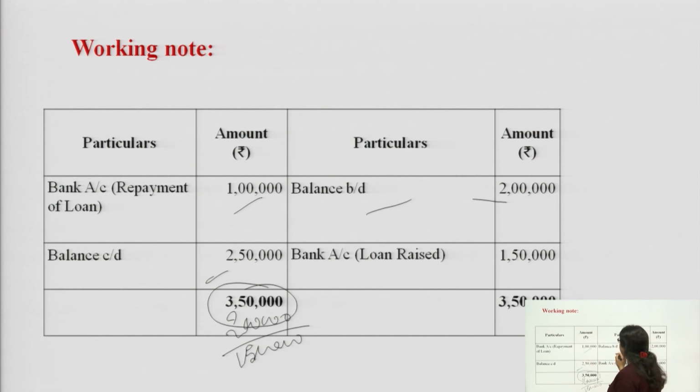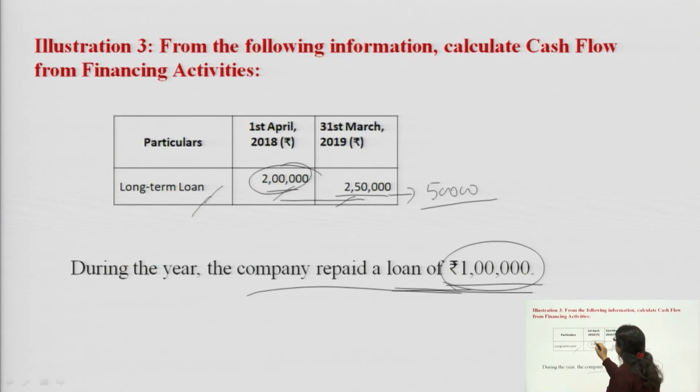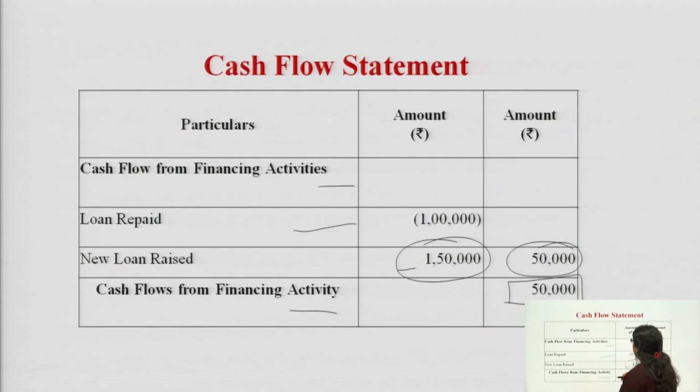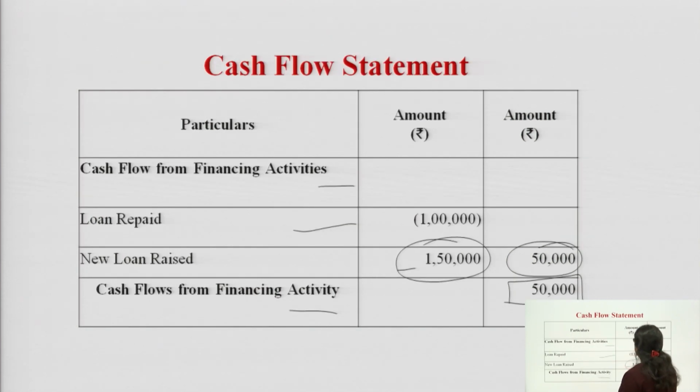This is the balance at the beginning and this is the balance at the end, and the repayment of the loan during the year was 1 lakh rupees. Once we sum it up, it comes out to 1,50,000 as the balancing figure, and it goes to new loan raised. The amount which comes out from the financing activity is 50,000.